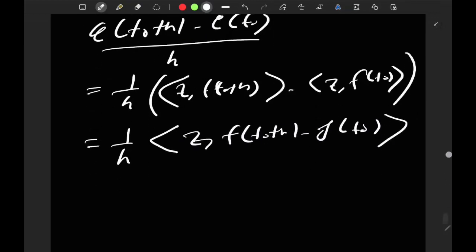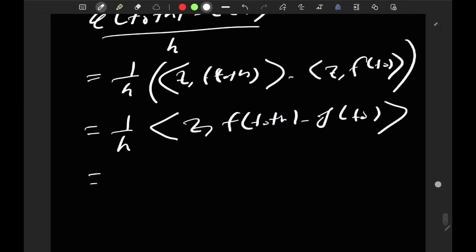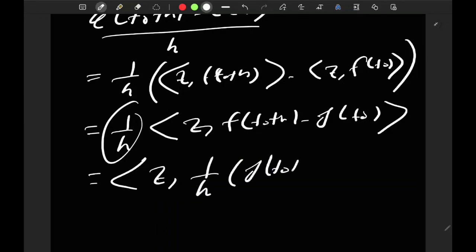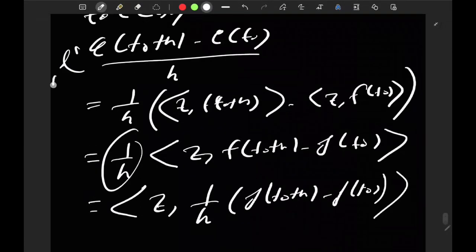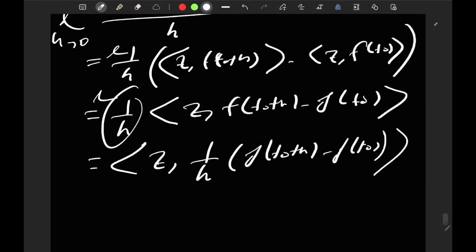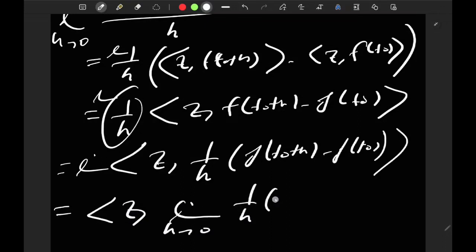Why? Because the inner product is bilinear. And because it's bilinear as well, you can take the 1 over h inside. So this is z dot 1 over h times f of t0 plus h minus f of t0. And now, because the inner product is continuous, when I want to talk about the limit of this thing as h goes to 0, this is the same as z dot the limit as h goes to 0 of 1 over h times f of t0 plus h minus f of t0.